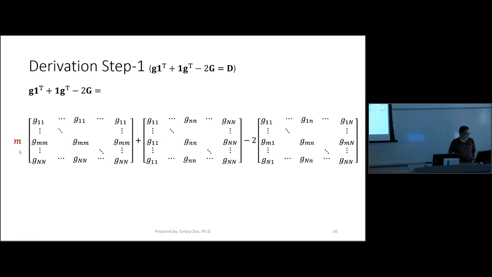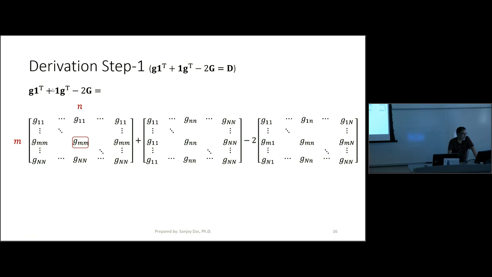Right? That's at the mth row. And here I have negative 2, and here I have GM1, GM2 and GMN until GM uppercase N. Correct?